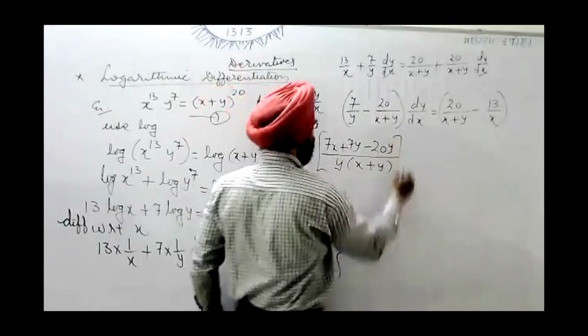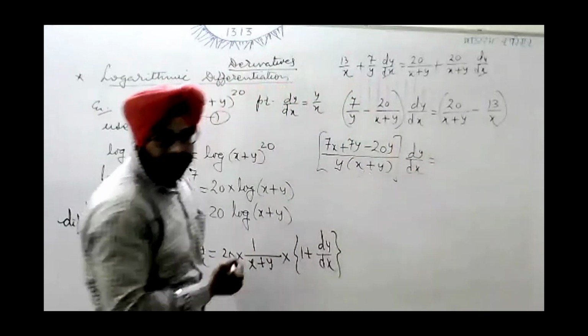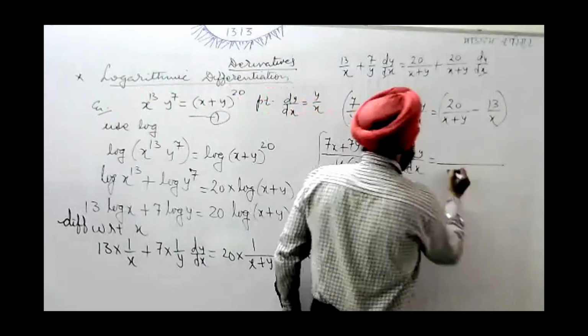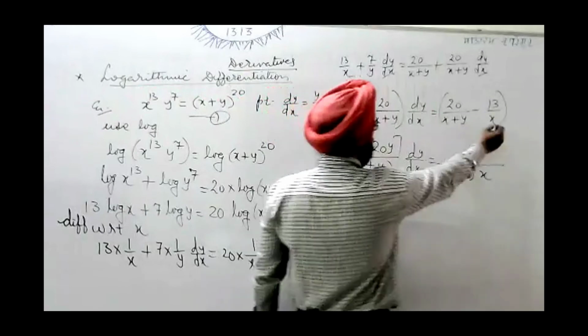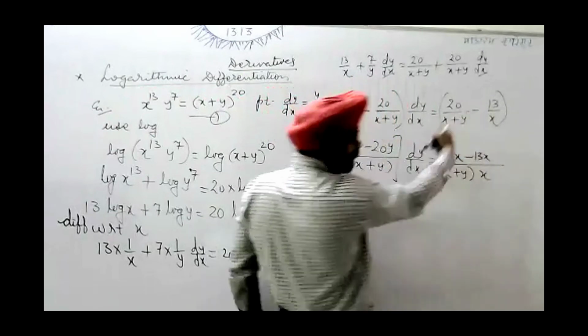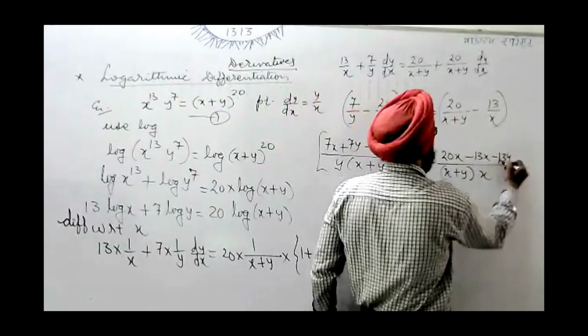Keep a check. dy by dx equal to, right hand side also, x plus y into x, and cross multiplying we get 20x minus 13x. Minus will change the bracket: 13x minus 13y.